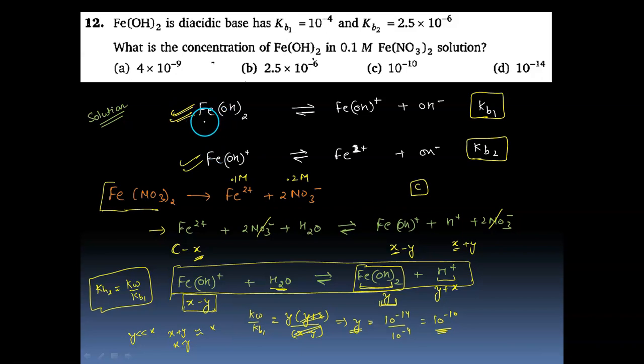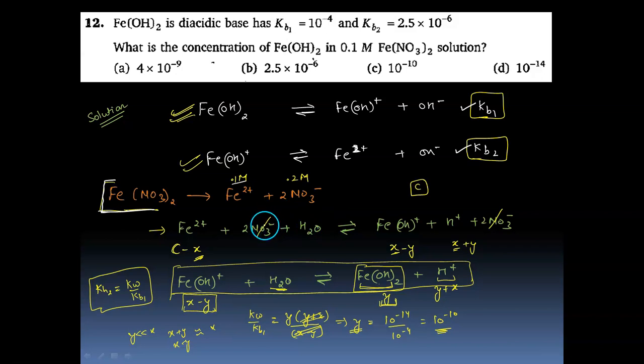So what is given to us? Fe(OH)2 giving us Fe(OH)+ and OH-, that is Kb1, and the second dissociation constant is this. Fe(NO3)2, as I have said, is a soluble salt, giving rise to 0.1 molar Fe2+ and this. And this salt is getting hydrolyzed, it's interacting with water.